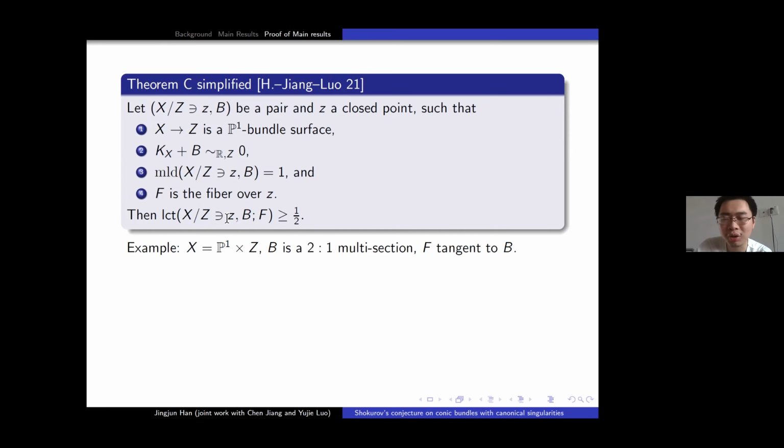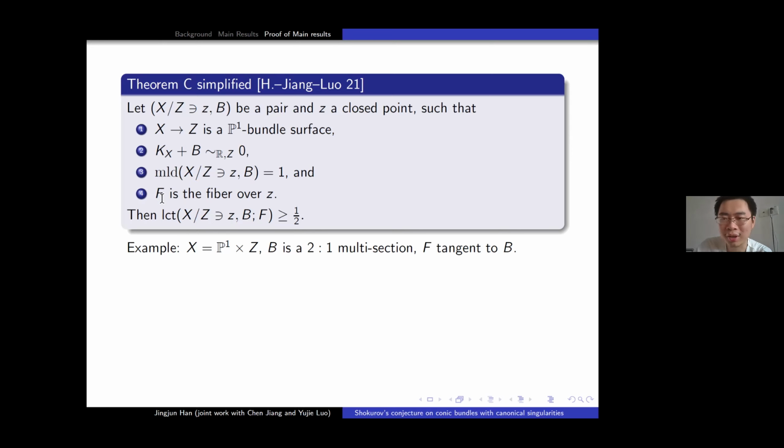So in order to show the log canonical threshold, we can focus on all the closed points on my fiber F, because if the center of a prime divisor on the base Z is equal to small z, then the center of this prime divisor must lie in the fiber of F.